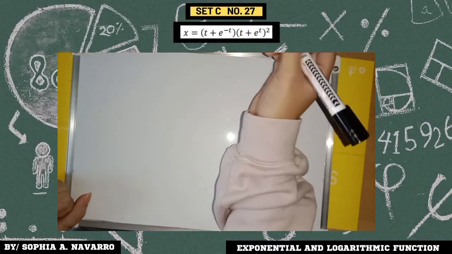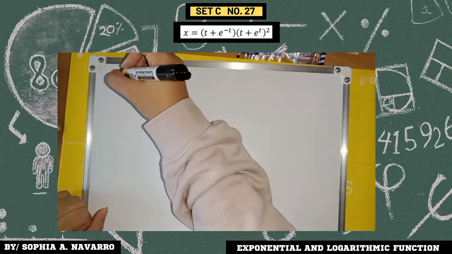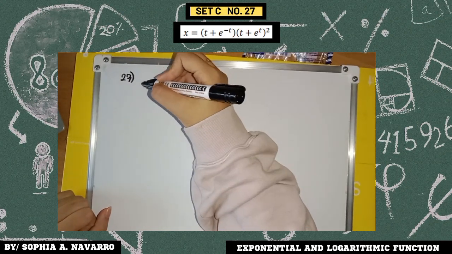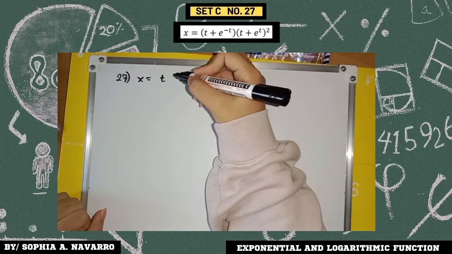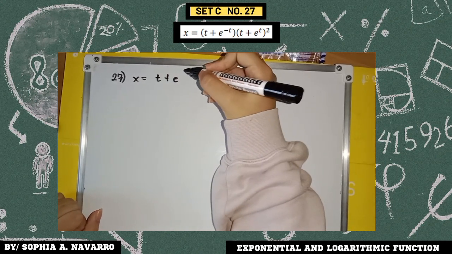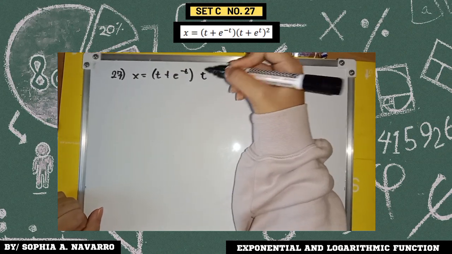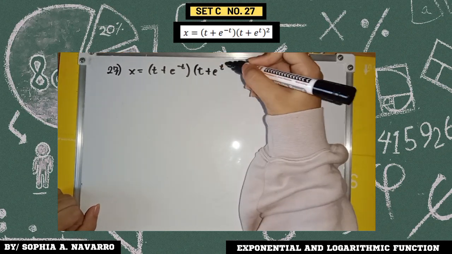Now, let's solve for my set C, which is the exponential and logarithmic function, and here is my given. X is equal to t plus e to the power of negative t times t plus e to the power of positive t squared.